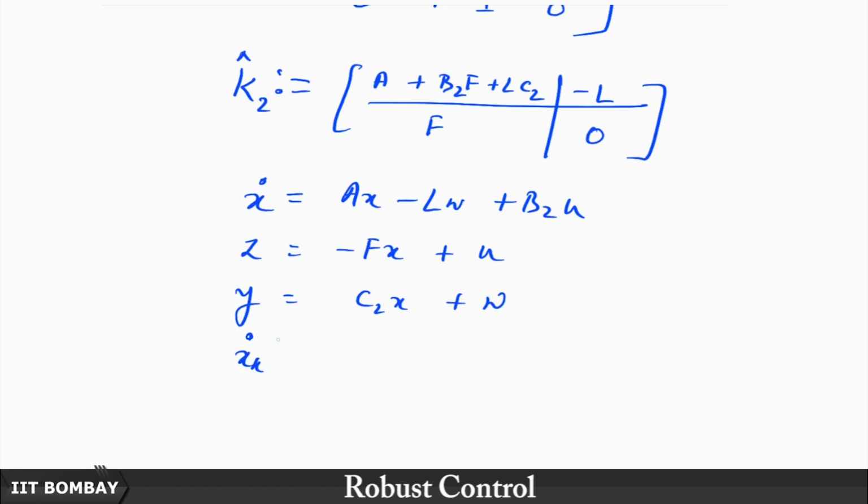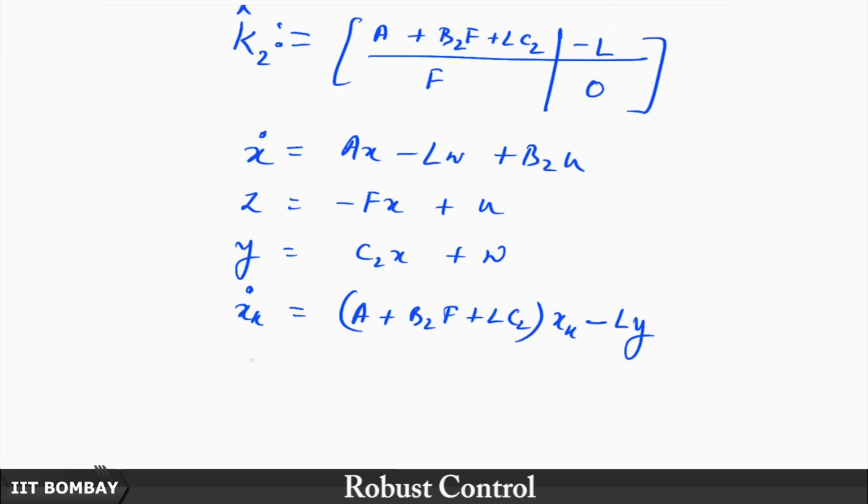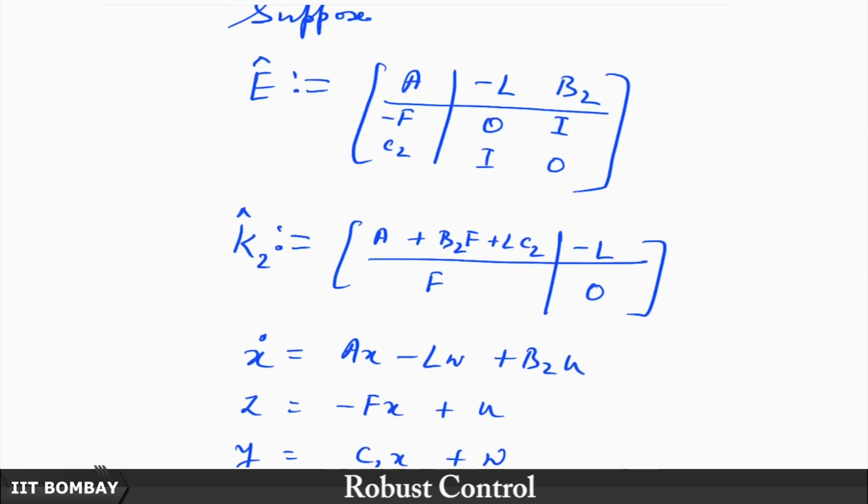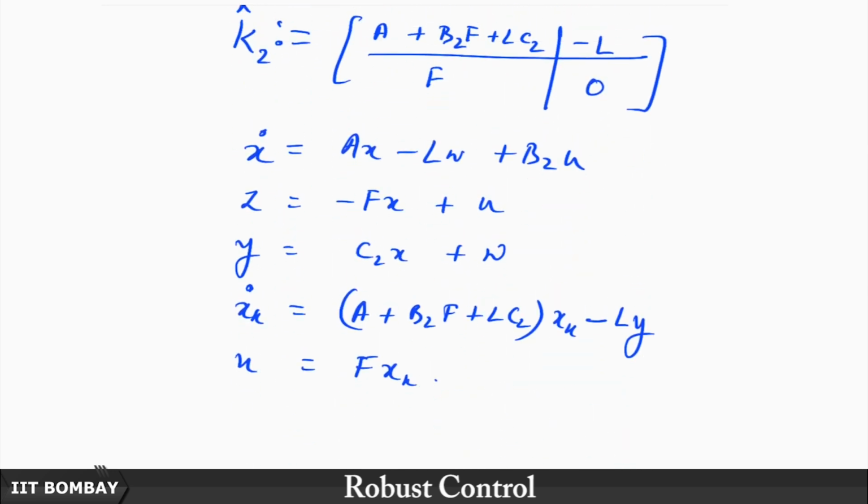Of course, the controller: xk dot is equal to A plus B2F plus LC2 times xk minus Ly, and u is given by Fxk. So we have written down the overall equations as they would appear if you had to take a star product, the usual configuration.